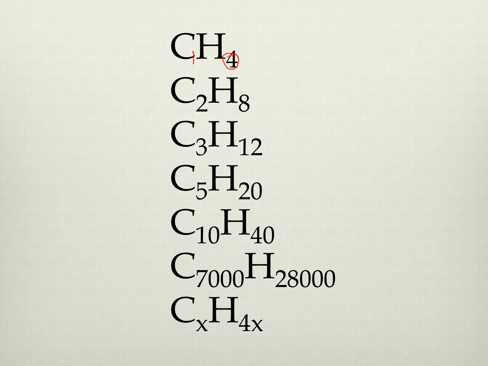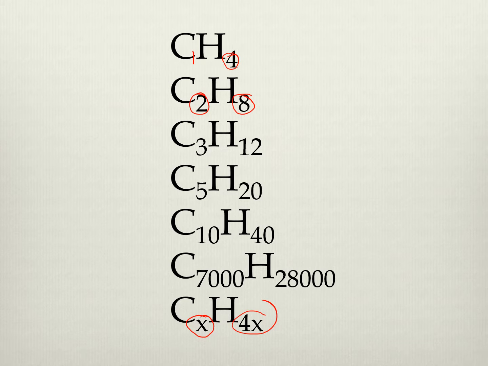The second one, we add another carbon, and we have 2 of them, but we also added 4 additional hydrogens, so it's 8 compared to 2. And the same ratio goes up. Whether it's 3 carbons, 12 hydrogens, 5 carbons, 20 hydrogens, 7,000 carbons, 28,000 hydrogens, anywhere on into infinity. So like down here, whatever the number of carbons is, we're always going to have 4 times as many hydrogens. That's the only thing we really care about.